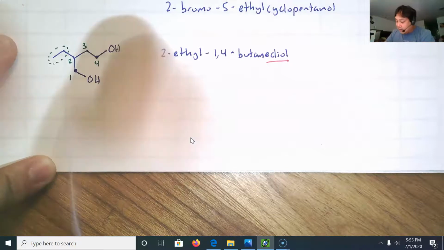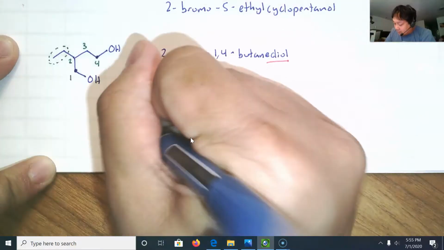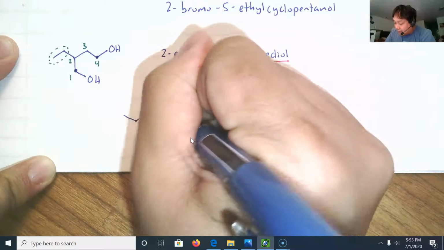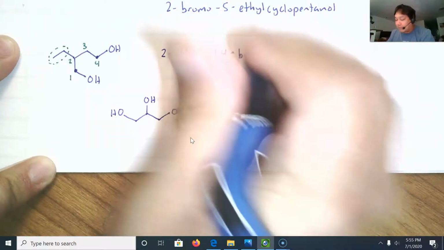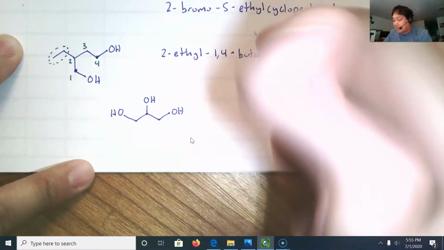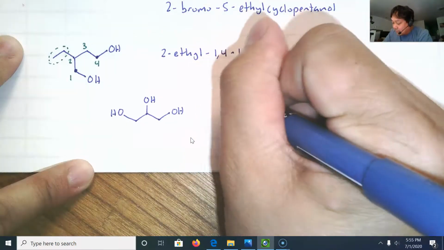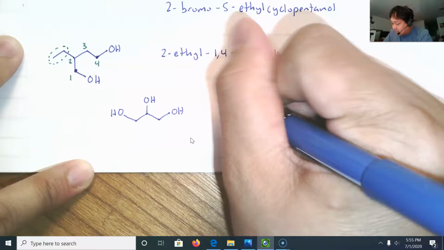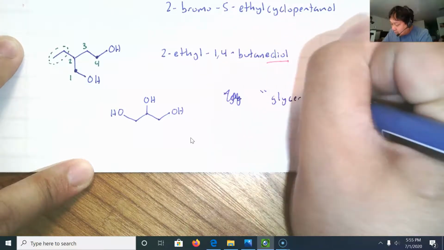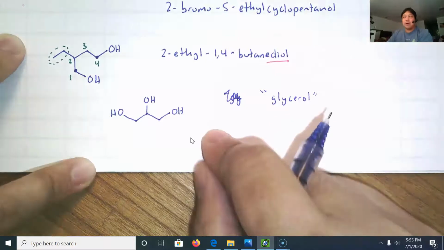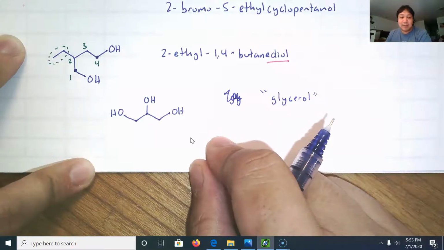Real quickly, we could have a triol. I'm just going to show you this triol because this is glycerol, common name glycerol. It's a component of your phospholipids that make up your cell membranes.